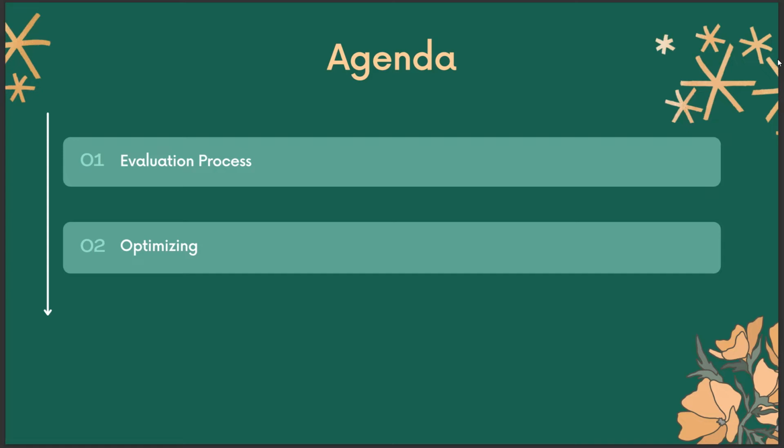Make sure to check out part 4, where we spoke about gathering data, pre-processing it, and then training the model. It's a complete procedure, and now it's the continuation of that procedure. So we have only two topics: one is the evaluation process, and then we have optimization. Let's see what these two topics are and how they are interconnected.